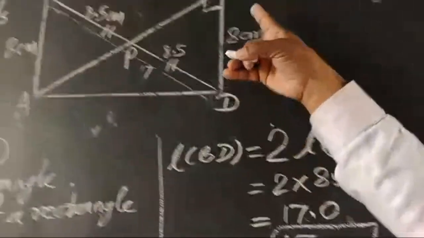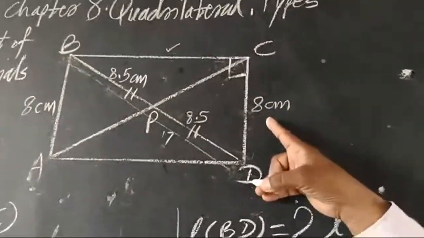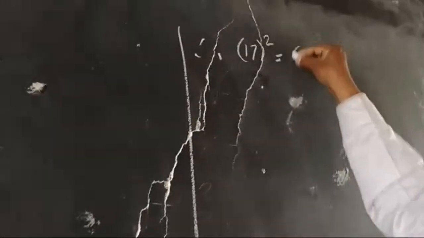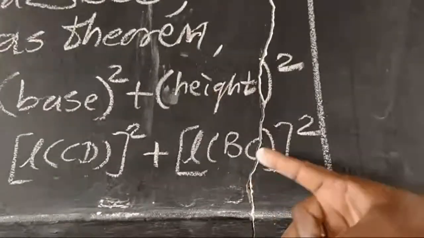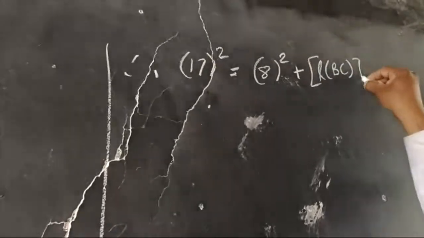In the figure, length CD is 8, and its square plus length BC square, which is the asking question.